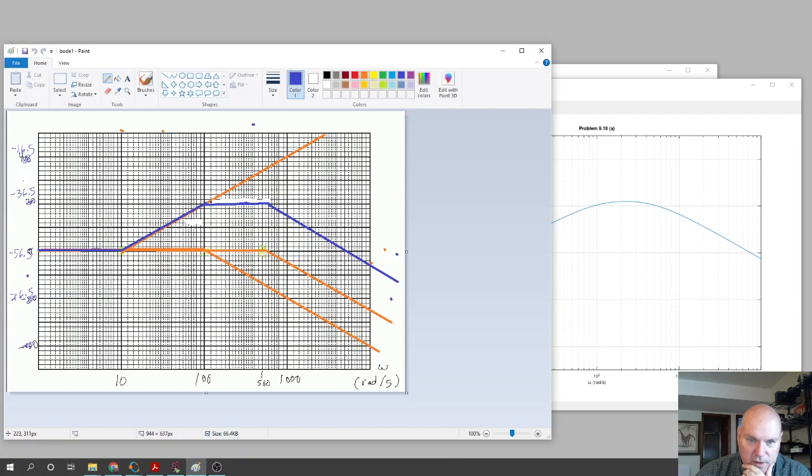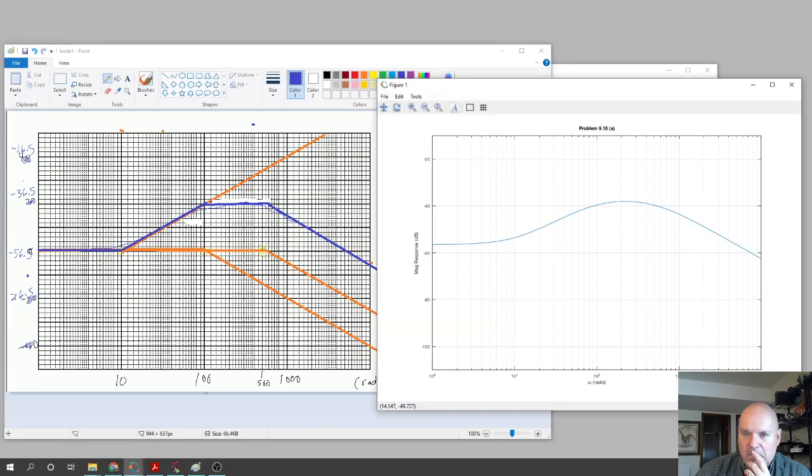So if I smooth out the knees here, I know the response is going to look something like this. And then here it's going to be smoothed out like that, and smoothed out again over here. I'm not doing a great job here. And then asymptotically approach the line there. So with the smoothing at the corners, it's going to look very much like the response I get in Octave.